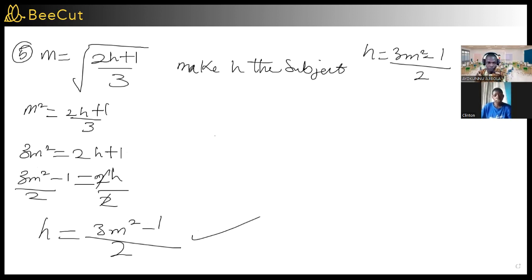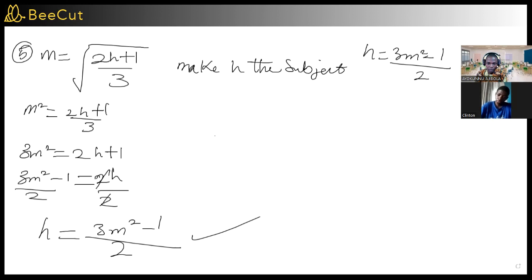Yeah, I still have a few more questions. Let's see. This one says to make H also the subject of the formula in V equals 1/3 pi r squared h.